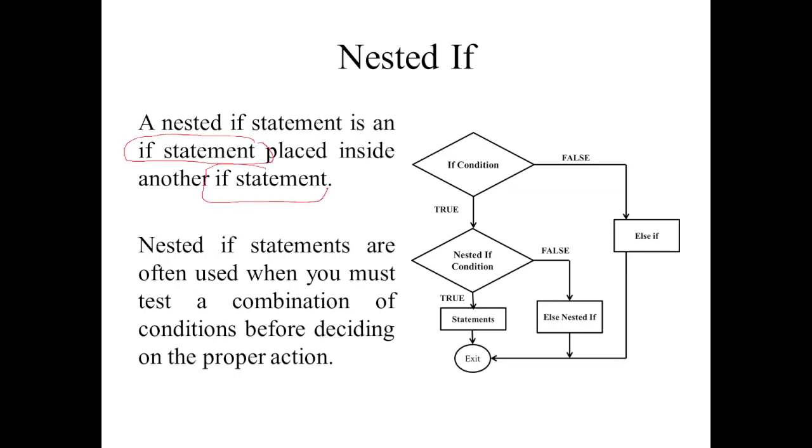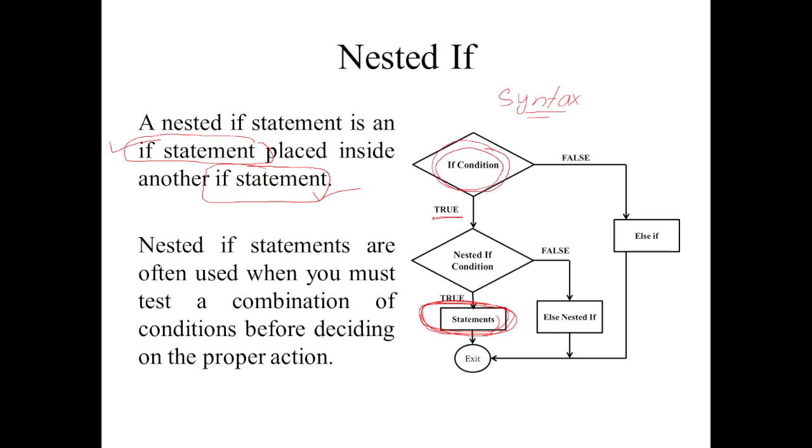Nested if statement is the statement in which an if statement is used in another if statement, which means we have an if statement and inside this if statement we use another if statement, and a specific block of code is executed only when both the if conditions are true. For example, we can see from this syntax or the flow chart that the diamond symbol shows the if condition.